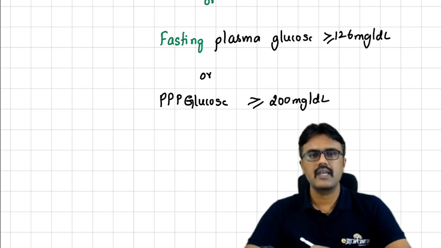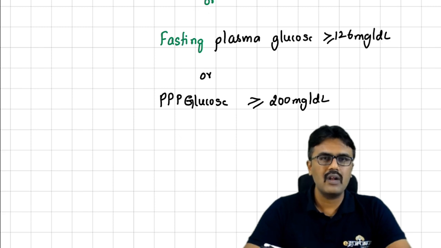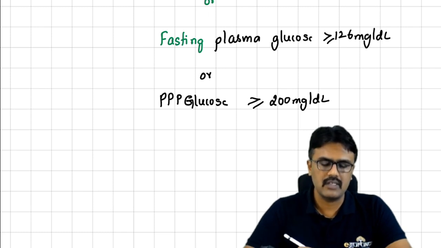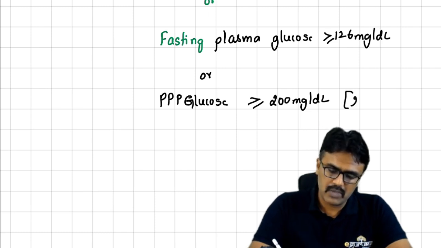This is taken after an oral glucose tolerance test, in which we give 75 gram of anhydrous glucose dissolved in water, and measure after 2 hours.